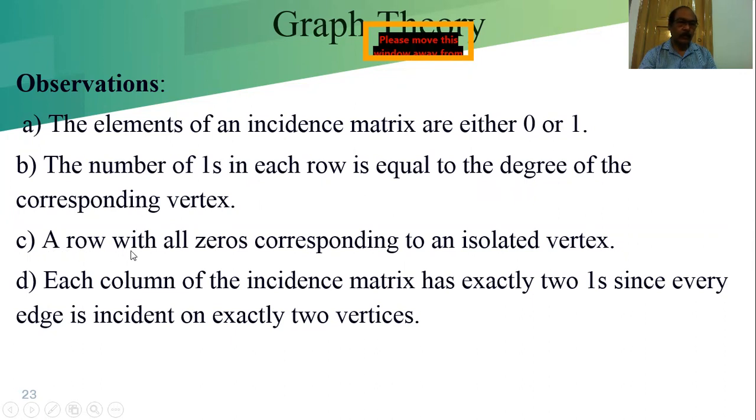A row with all zeros corresponds to an isolated vertex: if a row has all zeros, that vertex has degree 0, so it is an isolated vertex. Each column of the incidence matrix has exactly 2 ones, since every edge is incident on exactly 2 vertices. So each and every column has 2 ones.